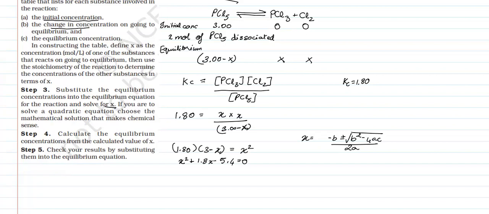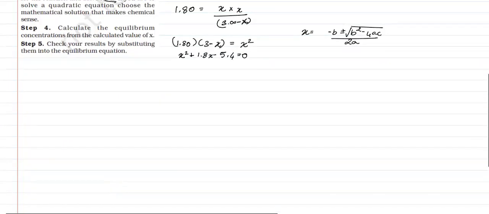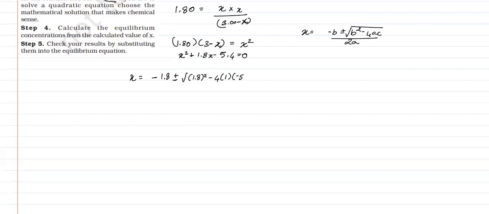So x equals minus b, which is minus 1.8, plus or minus root over 1.8 squared minus 4 into a, that is 1, into minus 5.4, divided by 2 into 1.